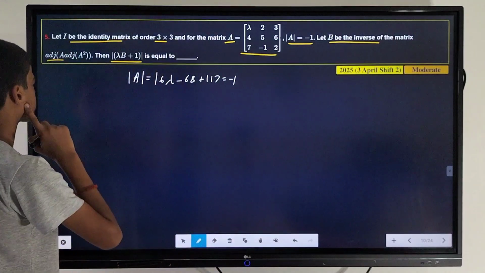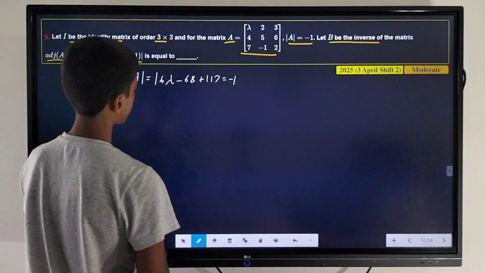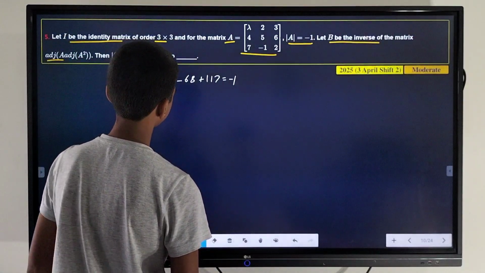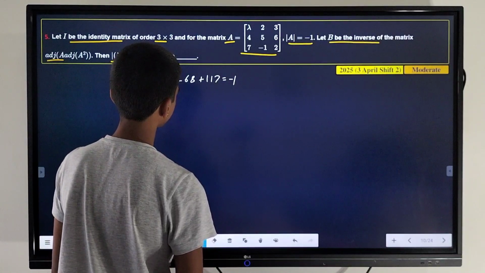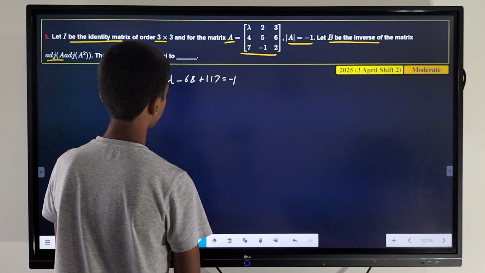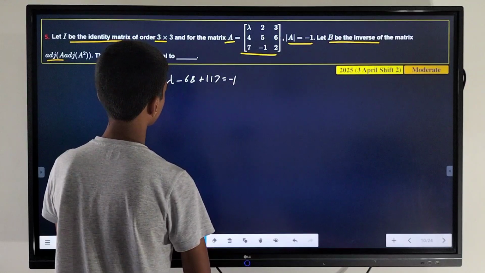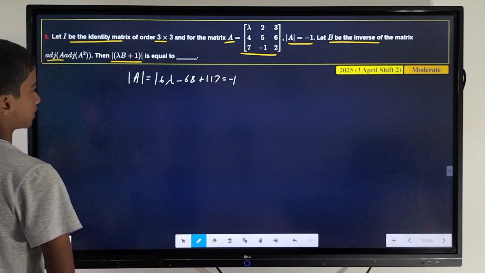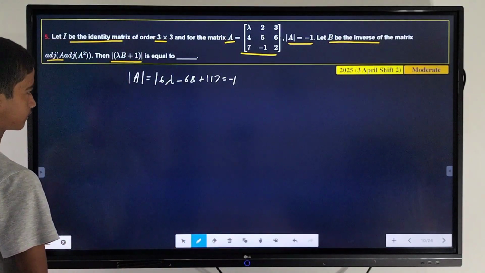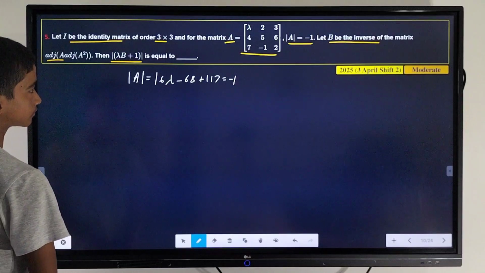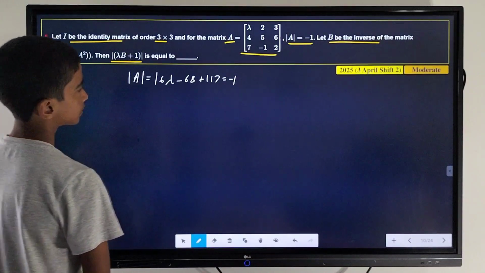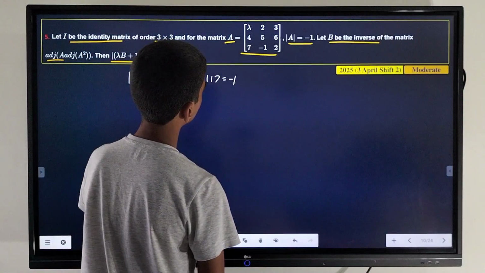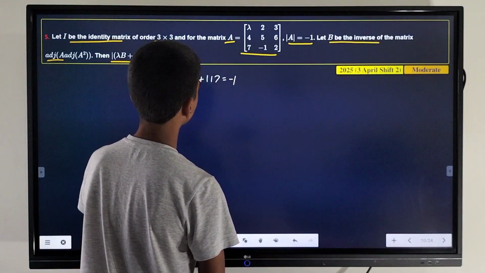So from here we will get 2, 4 minus 4 and minus 35.